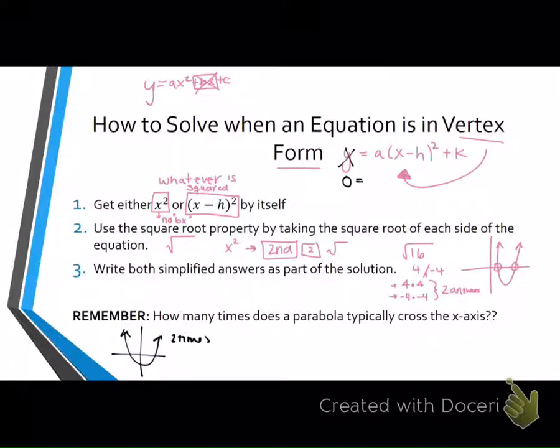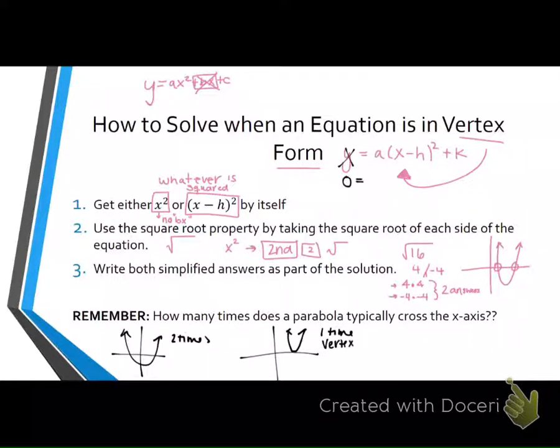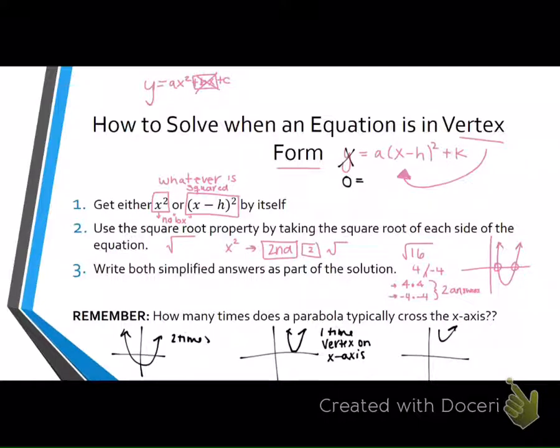Sometimes we will have a vertex sitting on the x-axis, so it would be 1 time. And sometimes it is no times if it is never going to hit it, and that we know is imaginary. No real solution, no real roots. We do have other cases, but most of the time this is what we have.